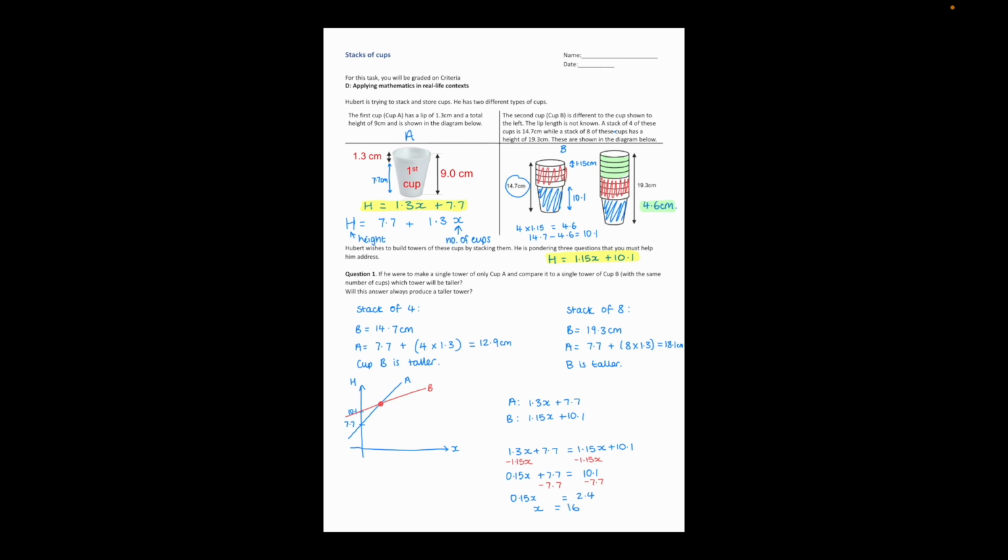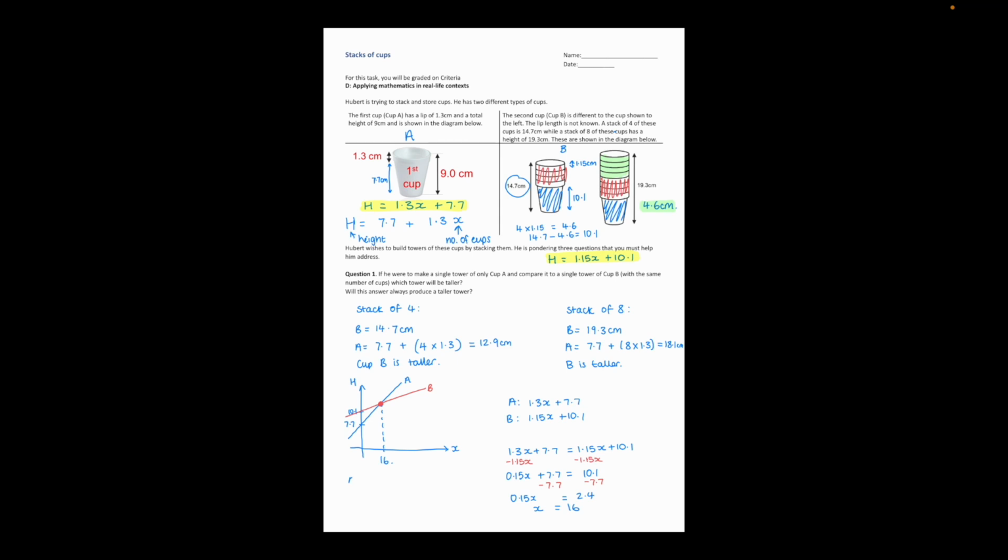So at the point 16, so where x is 16, where I have 16 cups, then they are equal. So if I was to stack 16 cups together, they will be equal. Anything less than that, cup B will be taller. Anything more than that, cup A will be taller. And I can then write that down and use that as an explanation.